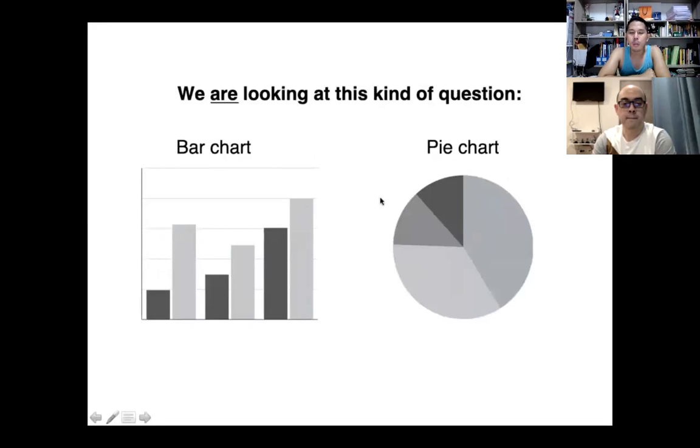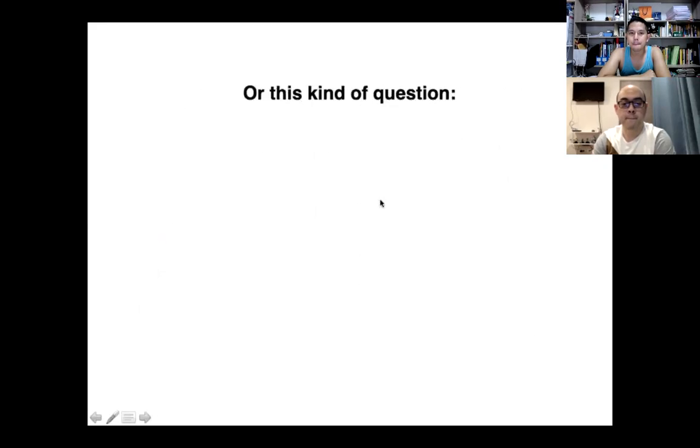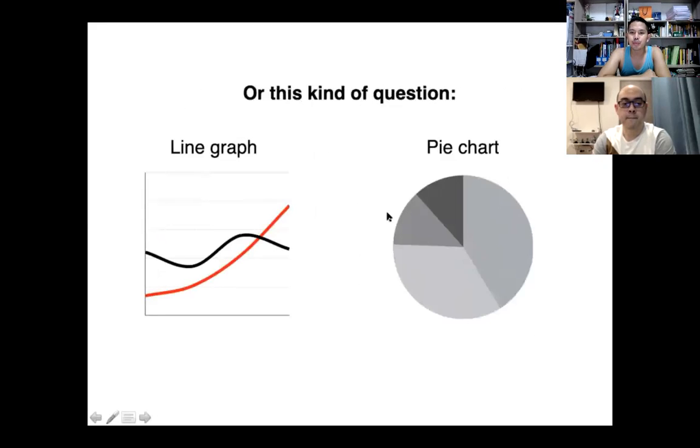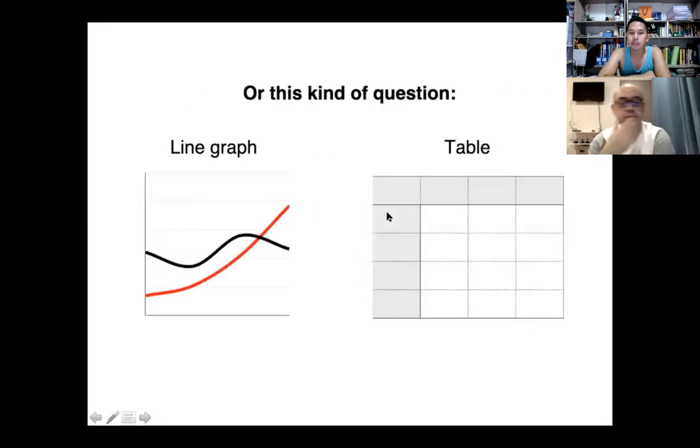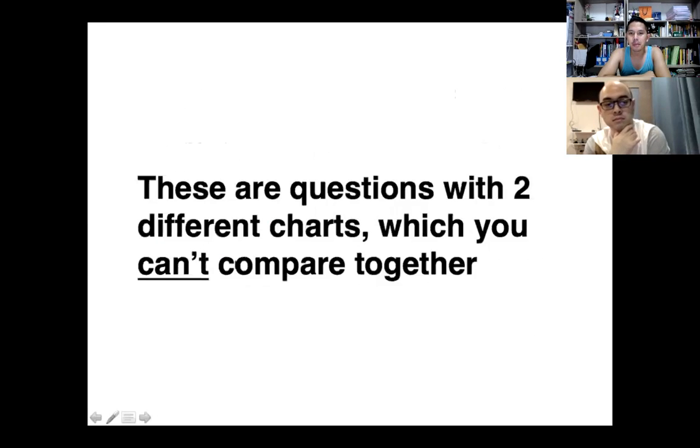You will have a pie chart and a line chart. You don't know, you will never know, right? Or even a table, yeah, even a table. So there are questions with 2 different charts which you can't compare together. What should you do? Say, teacher, I give up.